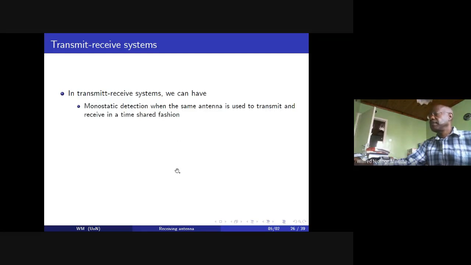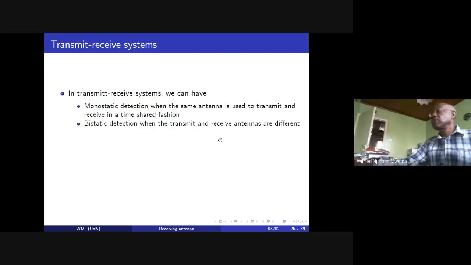Then you'll switch off the transmission power and then wait for the returning echo. That is called monostatic detection. Or you could have bistatic detection, where you are transmitting and receiving at the same time, because you are using different antennas to transmit and to receive the radiation.